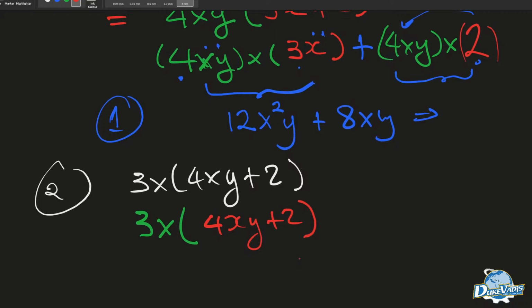what I'm going to get is the 3x in expansion, multiplying 4xy. So put that in red. So 4xy. Then, don't forget we have a plus here, so we bring our plus.